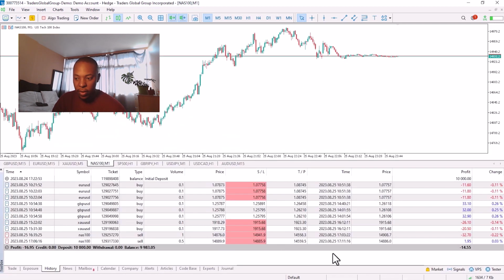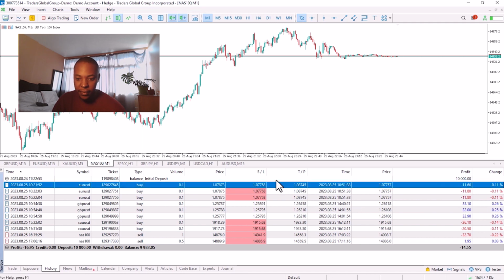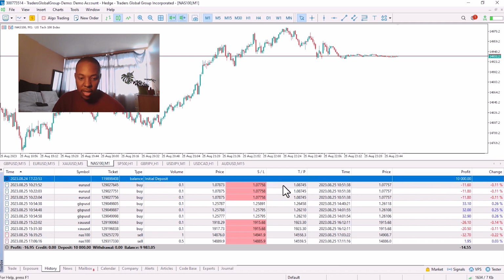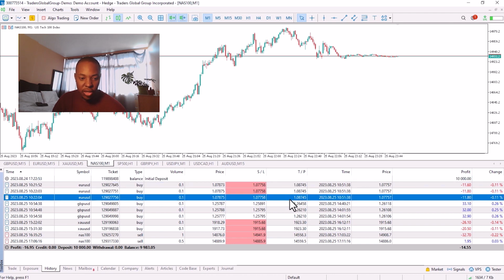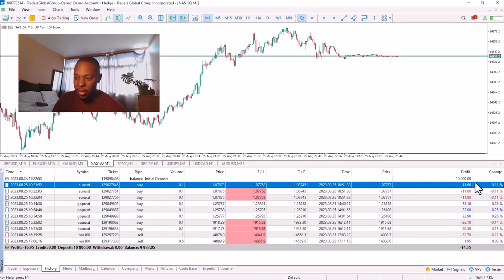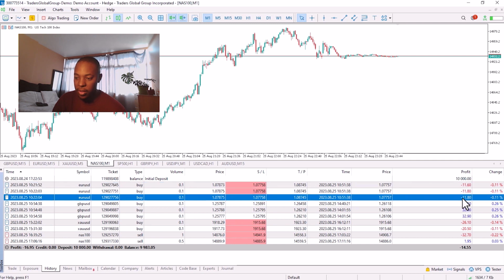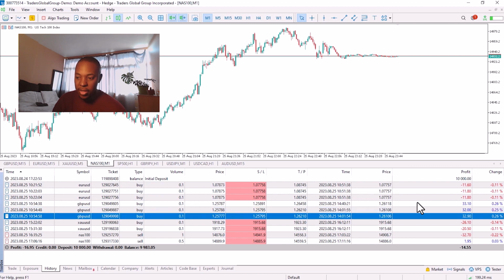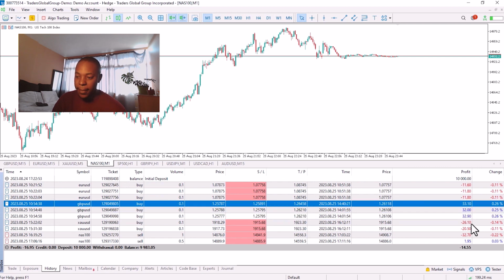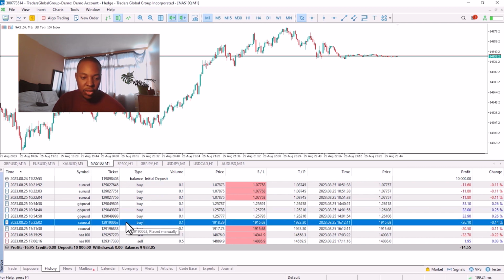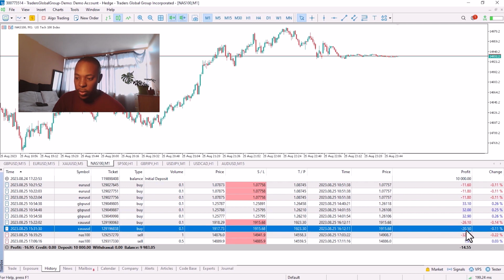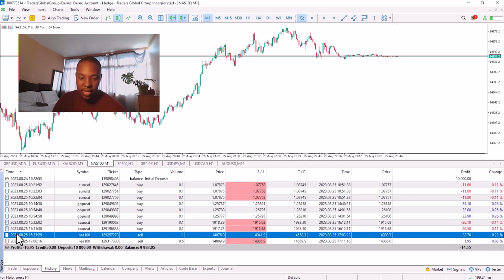So that's the overall. As you can see, there's the initial balance deposit, and then this was the first trade, Euro USD. It hit SL, and then the second trade is GBP USD profits, and then the third trade was gold. As you can see, it also hit SL, and then the fourth trade I took was NAS. It also hit SL there.